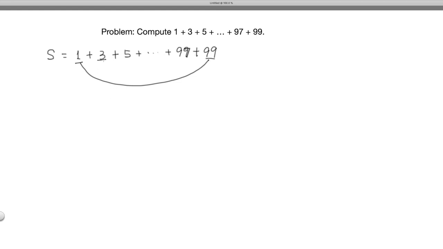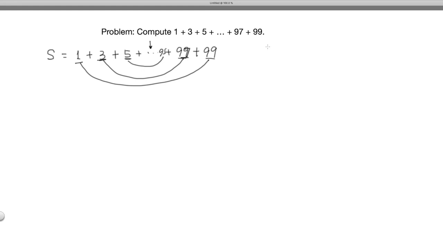And then the second number with the second last number is also 100. And 5 with the third last number, which is 95, is also 100. You see that this pairing can go on until it meets in the middle. Where is the middle?